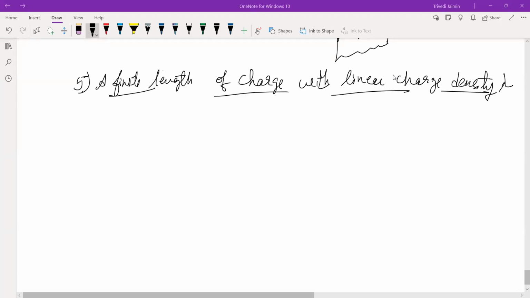Okay, so here we are taking one finite length of charge with linear charge density lambda. So this is some charge here, at a point P at distance x. You can use your scale and whatever.